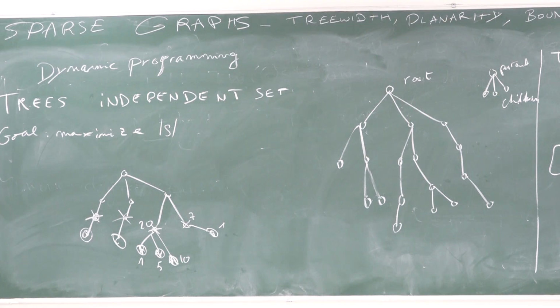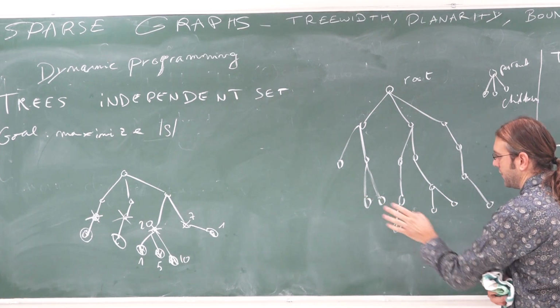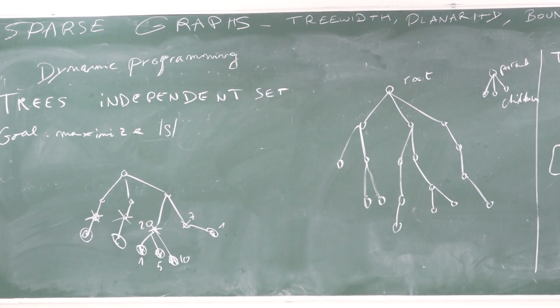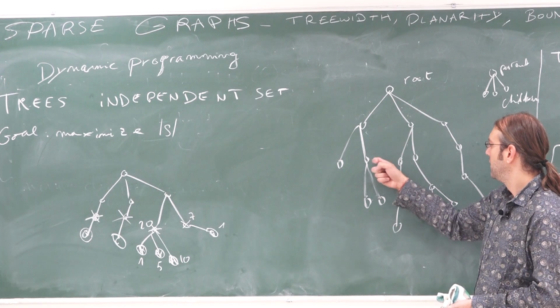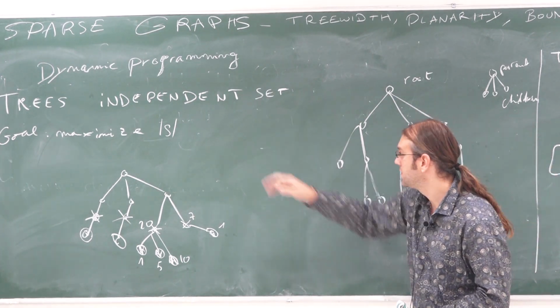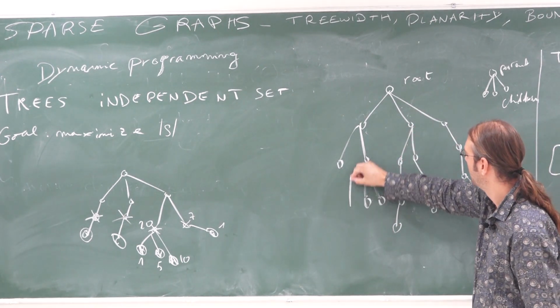And what will the algorithm do? Sort of like this greedy thing, it will go bottom up. I'll start at leaves, and I will compute some numbers, some functions. And each time I go one level up, I will use the children's functions to compute the father's functions. So this is the way we do dynamic programming on trees. Essentially, I will try to find recursive, inductive formulas to express the largest size of an independent set of a given subtree.